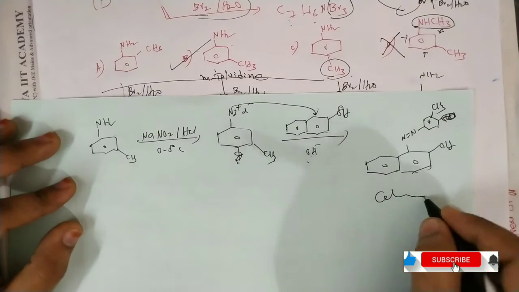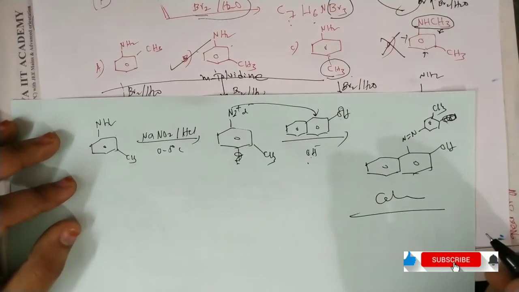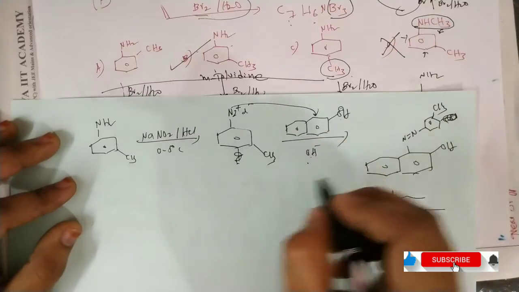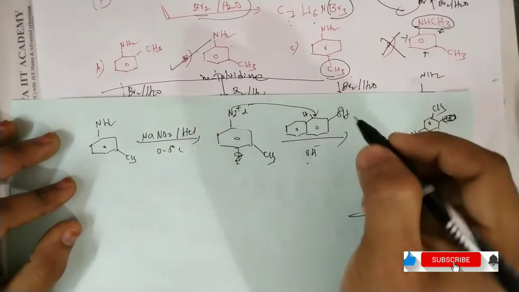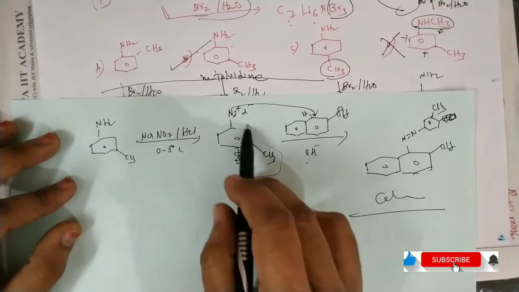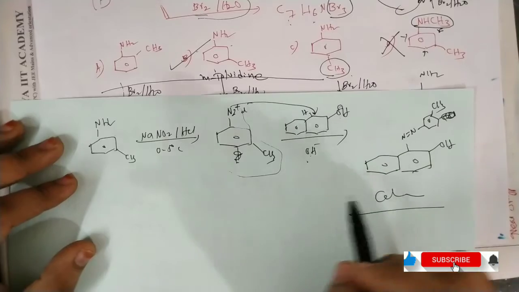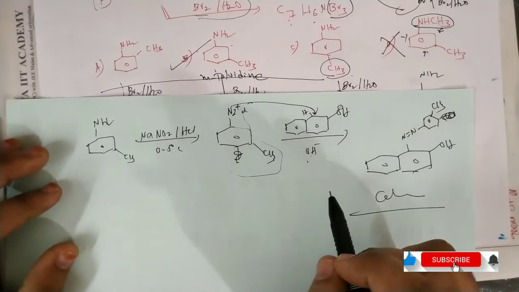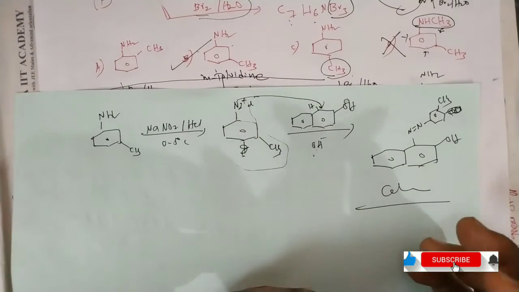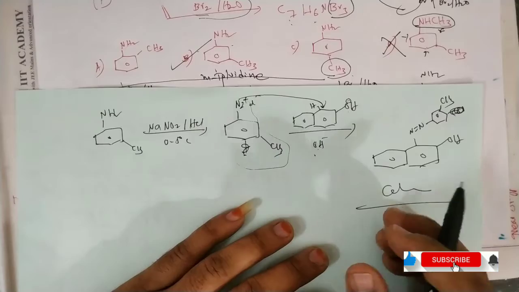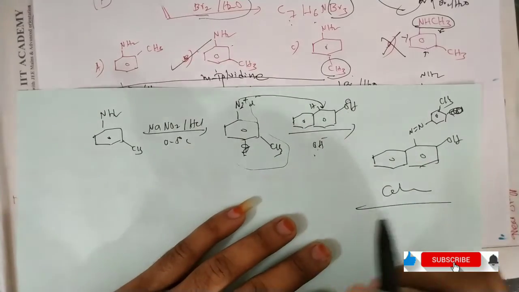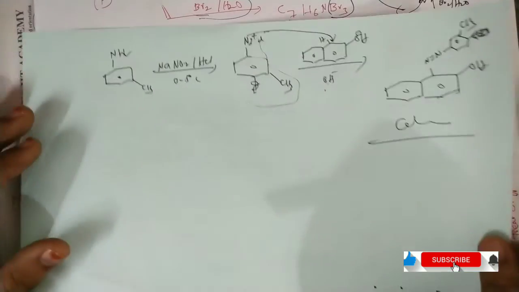This is the colored compound actually. At this position the hydrogen H plus is replaced by N2 plus, so it is an electrophilic aromatic substitution reaction. The formation of the colored compounds, the coupling reaction, involves an electrophilic aromatic substitution reaction. That is one more important point.